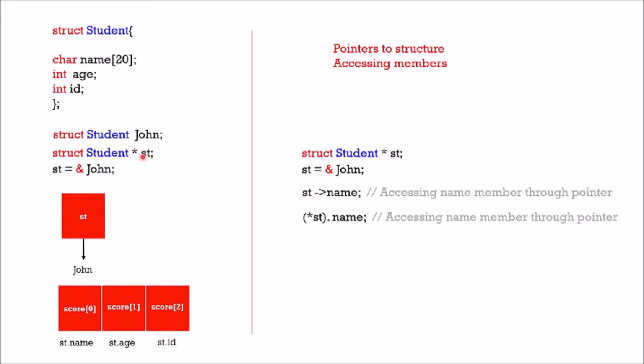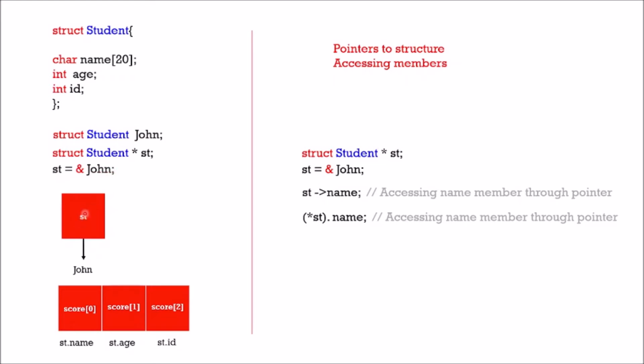So we have here st, which is a pointer to a struct of type student. We already created an instance of that struct student and named it John. Now we initialized the st pointer with the address of the actual structure, which is John.